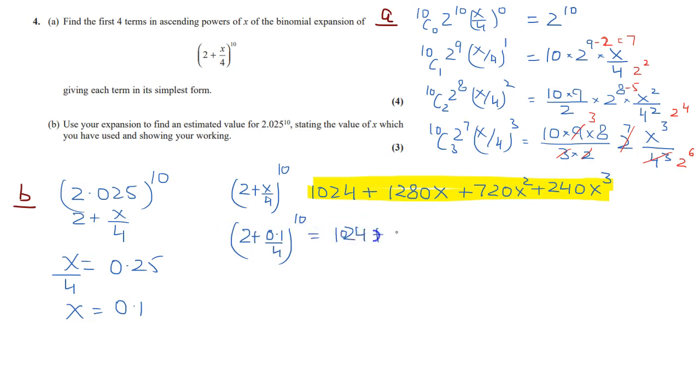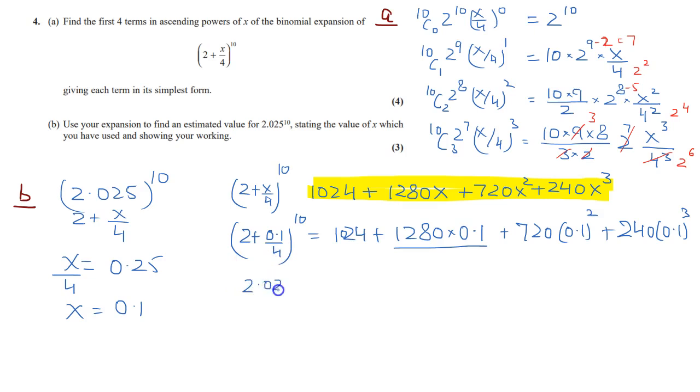1024 plus 1280 into 0.1 plus 720 multiply 0.1 squared plus 240 into 0.1 cubed. So this will become 2.025 to the power 10.